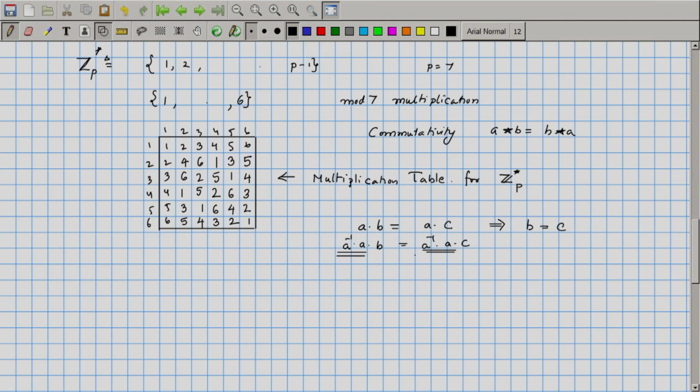Okay. So, that is a group, and Z star P. There is a theorem: Z star P is a cyclic group for every prime number.